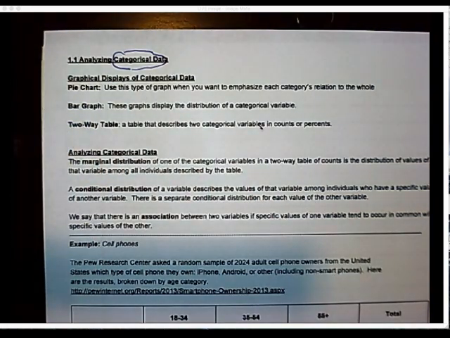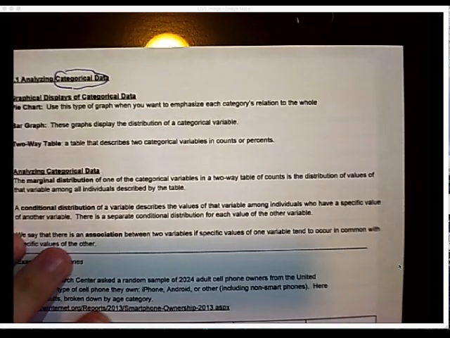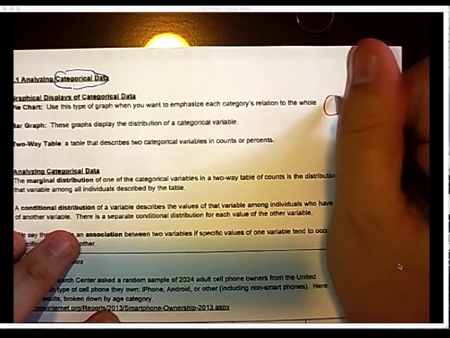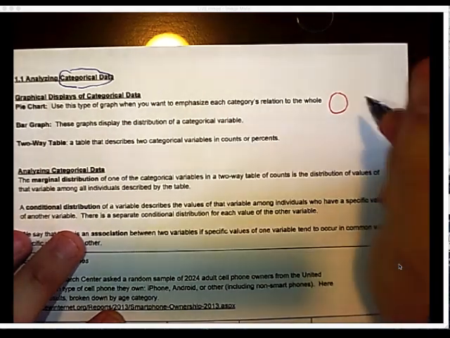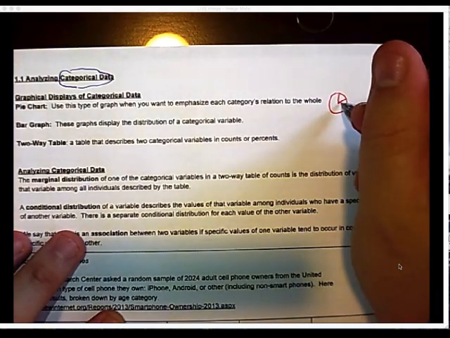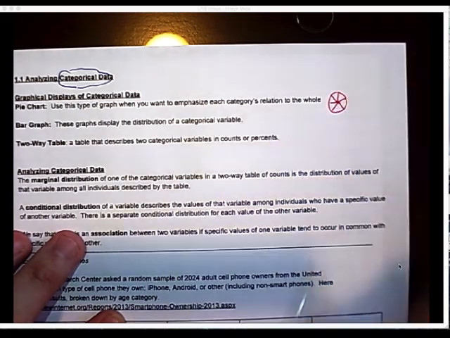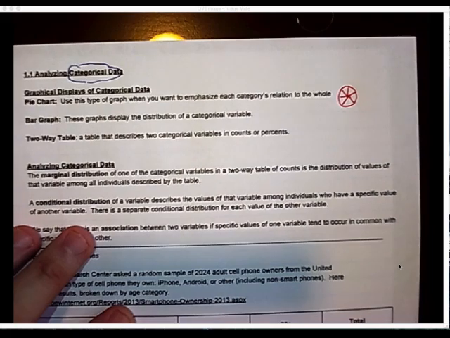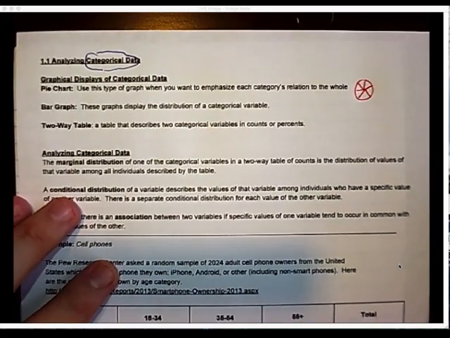In a pie chart, we use pie charts when we want to emphasize each category's relation to the whole. Like in the last example, I could take a circle or a pie, and since all the degrees add up to 100%, we could break that up into pieces that represent how much each part makes up of the whole.